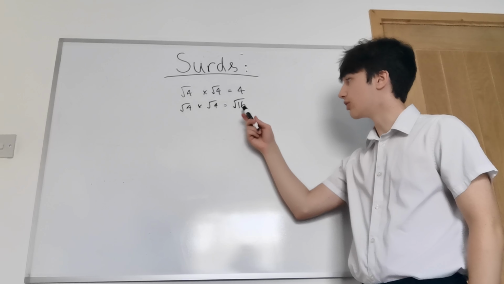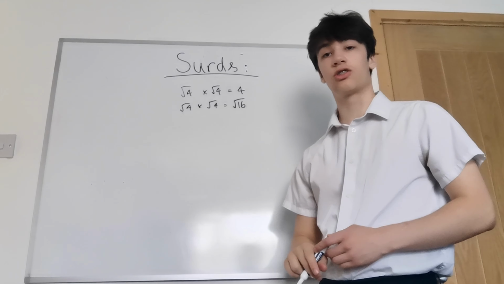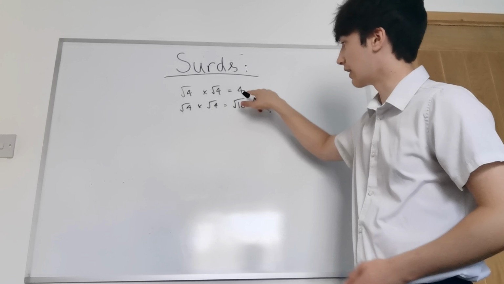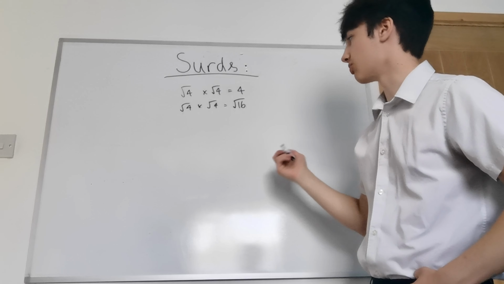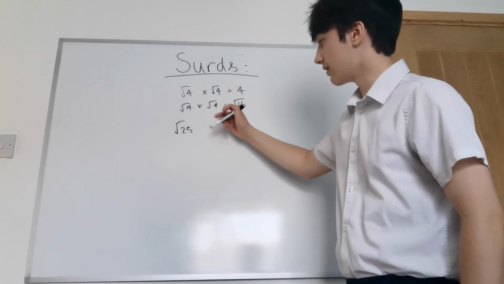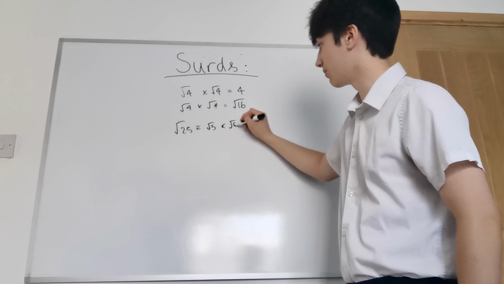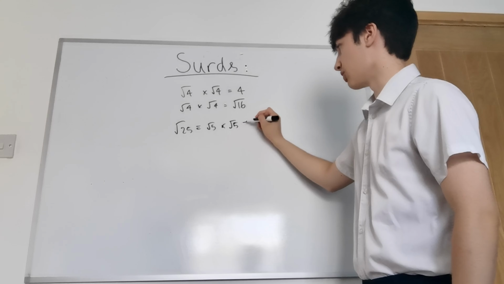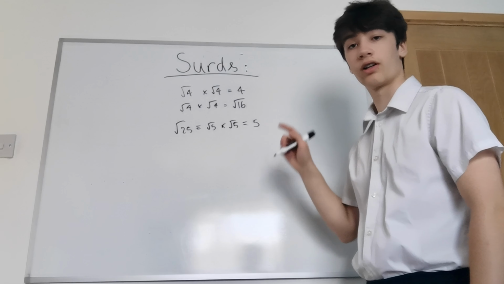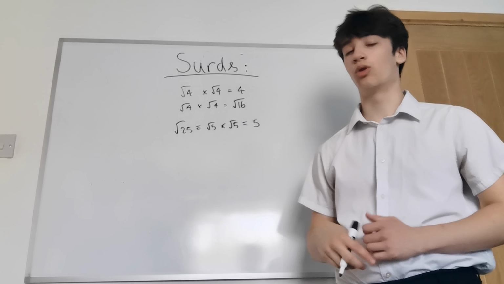Now, if you notice about root 16, that's a square number. So whenever in surds you see a square number underneath the surd, you square root it to get the whole number. I'll do some examples. So root 25 is the same as writing root 5 times root 5, which is the same as writing 5.